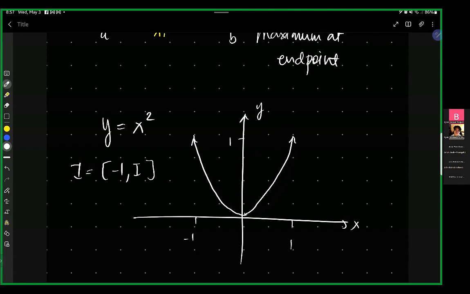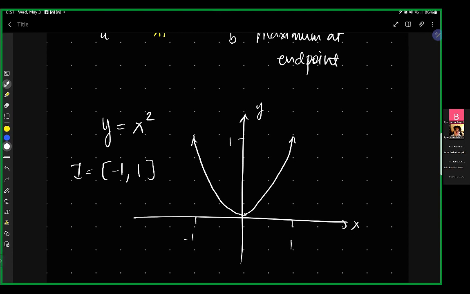Anyone in the class? Hello? Can someone tell me kung anong klaseng maximum and minimum meron ang y equals x squared for the interval -1, 1? Wala bang makakapagsabi sa'kin diyan?